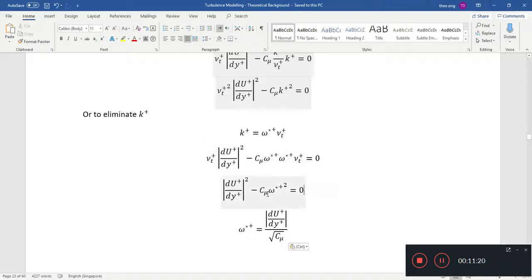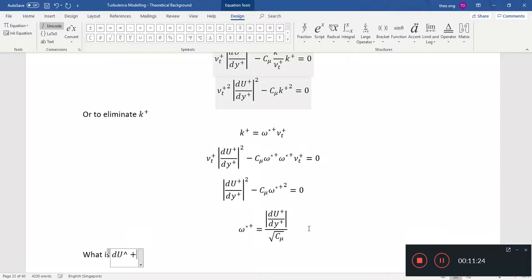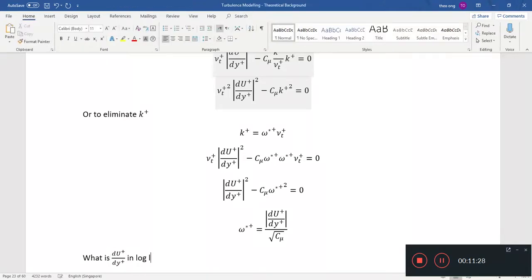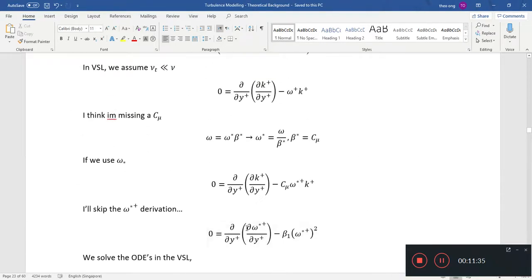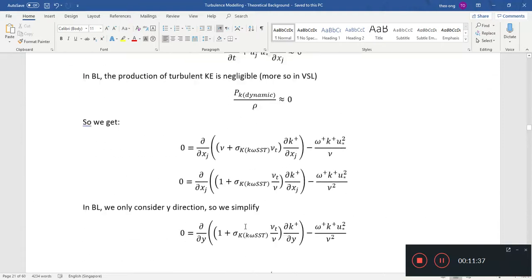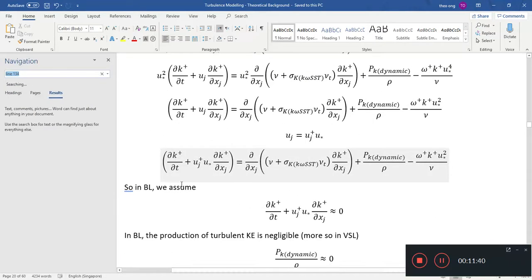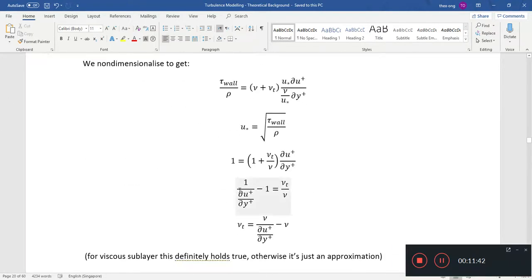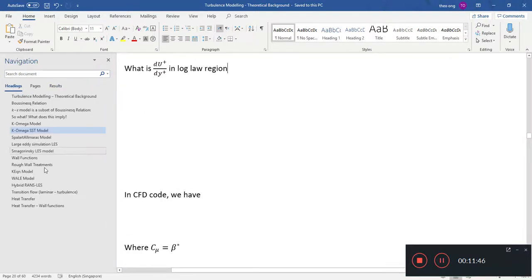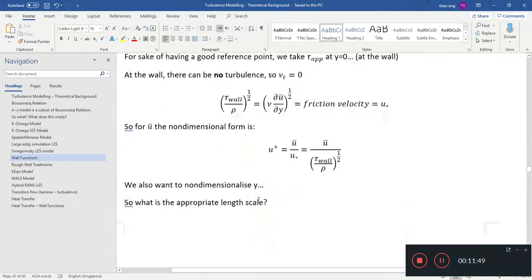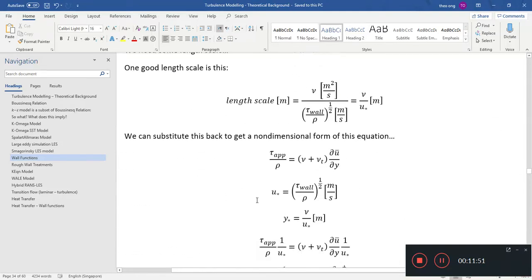What is du plus dy plus in the log law region? That's very simple because we already have wall functions for this, and the way to find that is to find my wall functions, and there we go.